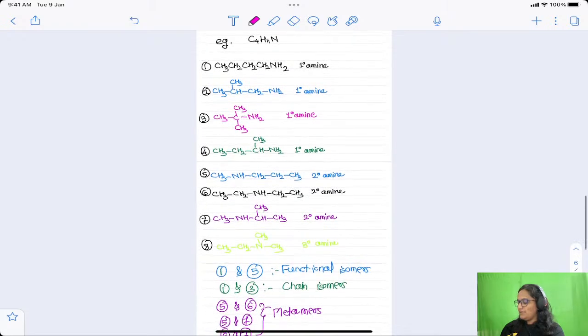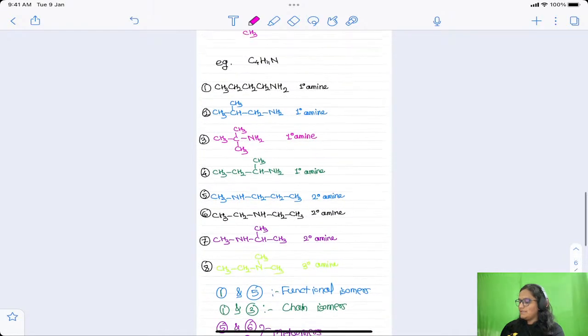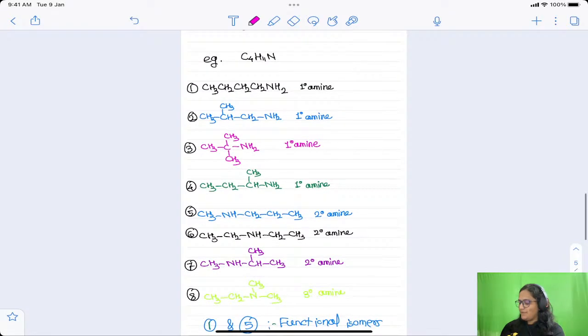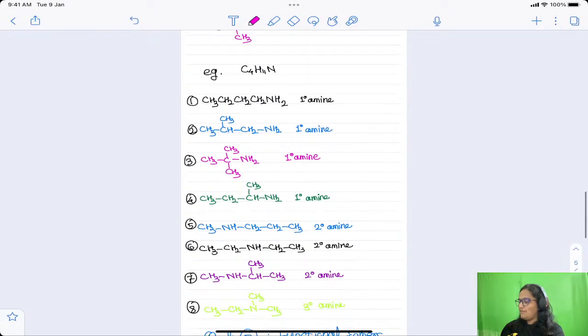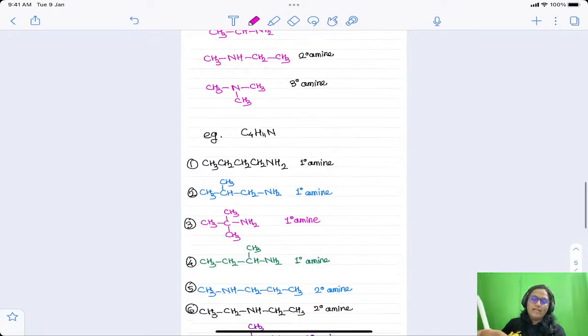Now you can do one thing. First of all, take a screenshot of these pages, and then I will explain what is the meaning of metamerism.